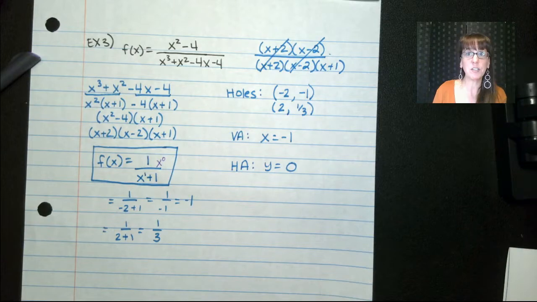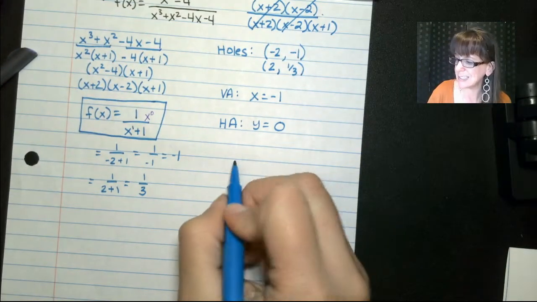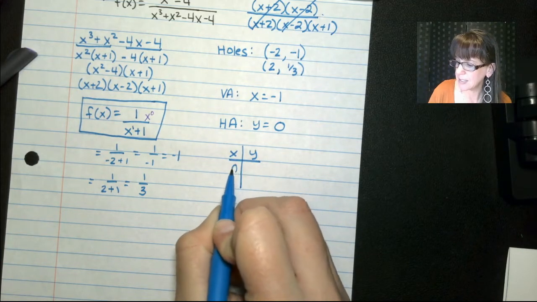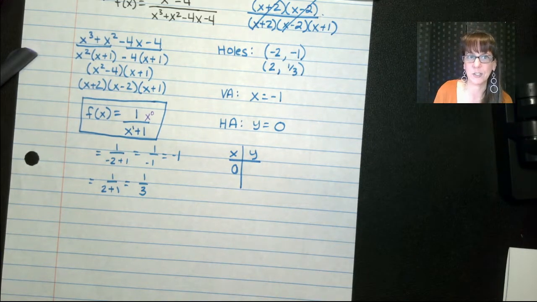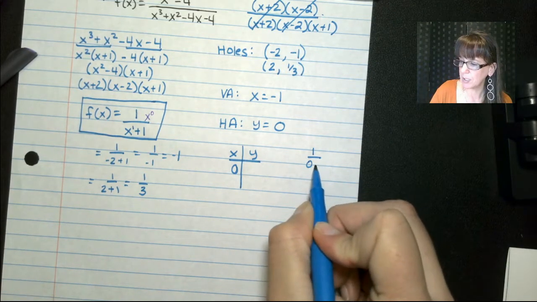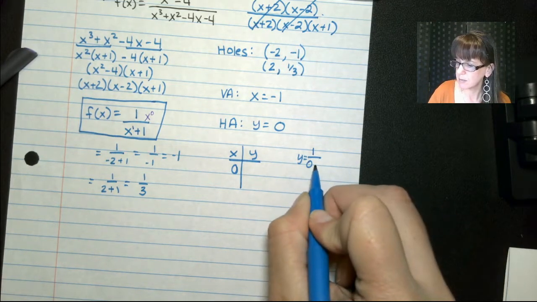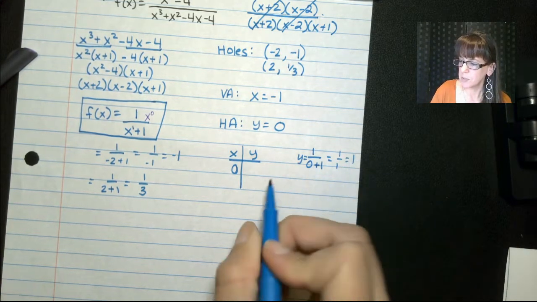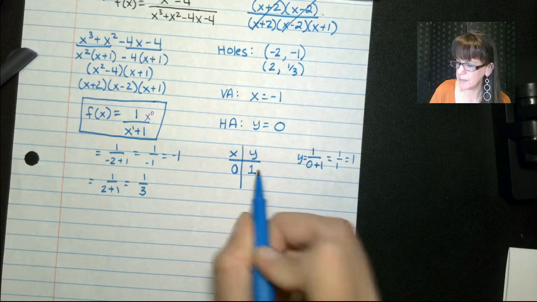All right, now on to the new stuff that we're learning in this part. It is our XY chart. First thing we want to do is set x equal to 0 to give us our y-intercept. And when we do that, we get 1 over 0 plus 1. So y equals, let's make it totally complete here, 1 over 1, which equals 1. So when x is 0, y is 1.